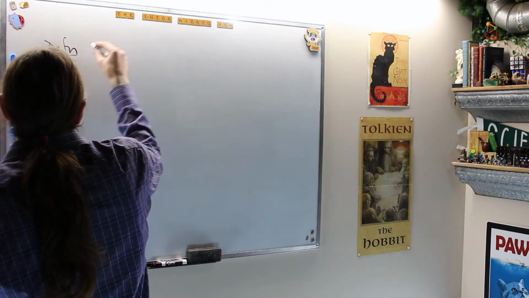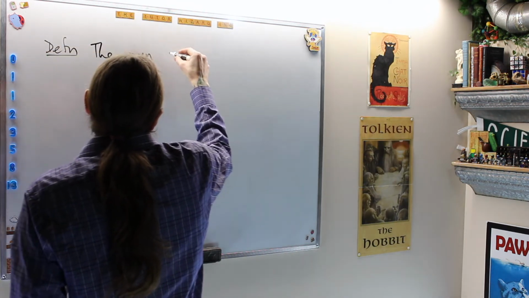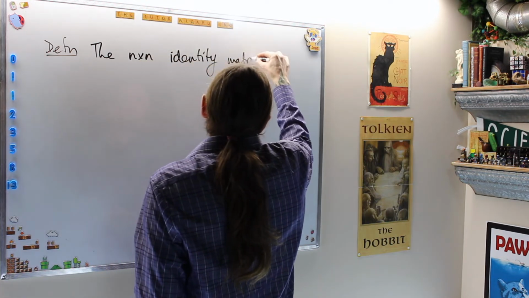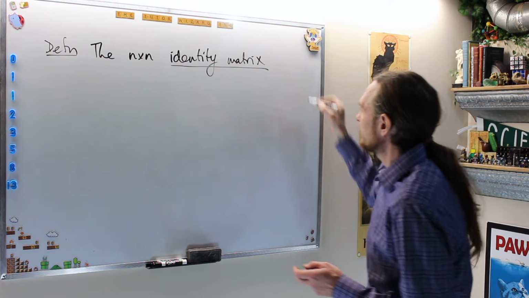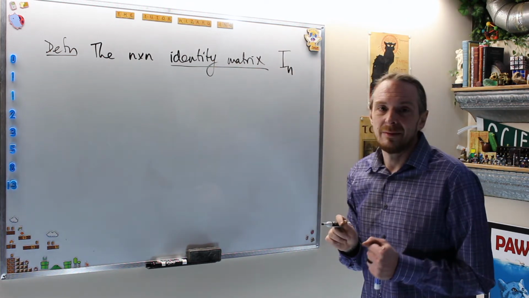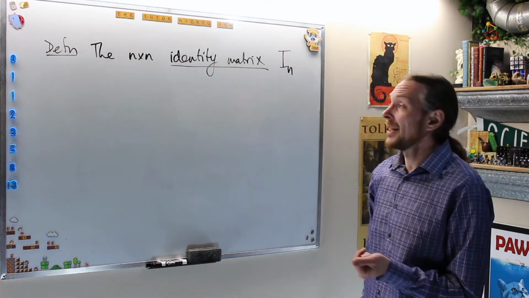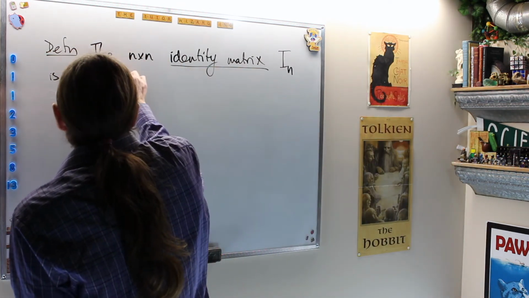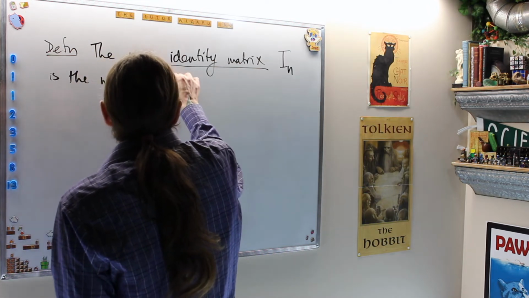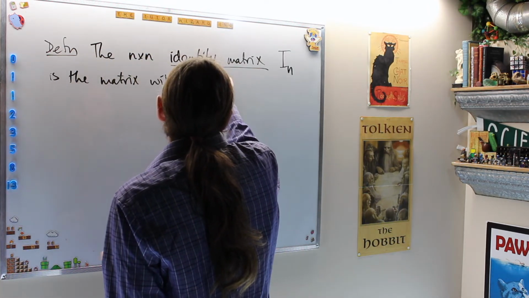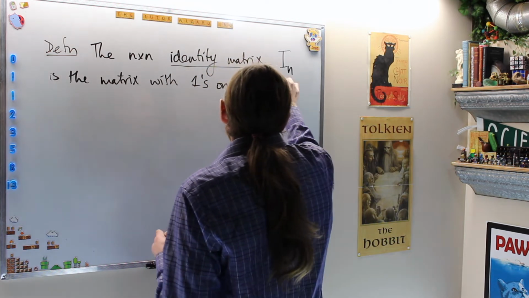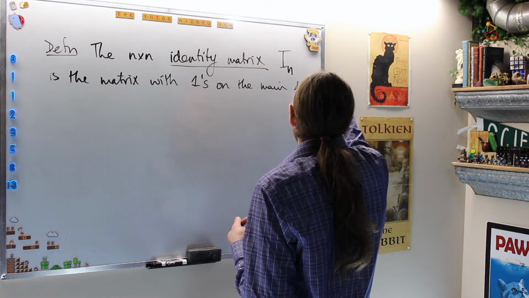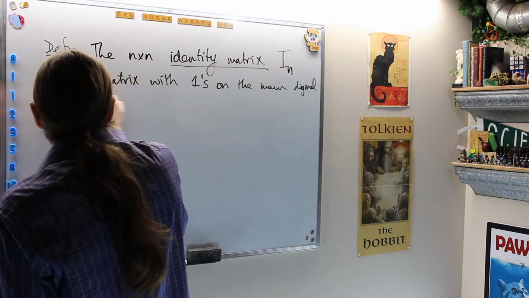Definition. The n by n identity matrix, so it's square, I_n, we don't have to write n by n because it's going to be in dimension n every time it's square, is the matrix with ones on the main diagonal and zeros elsewhere.